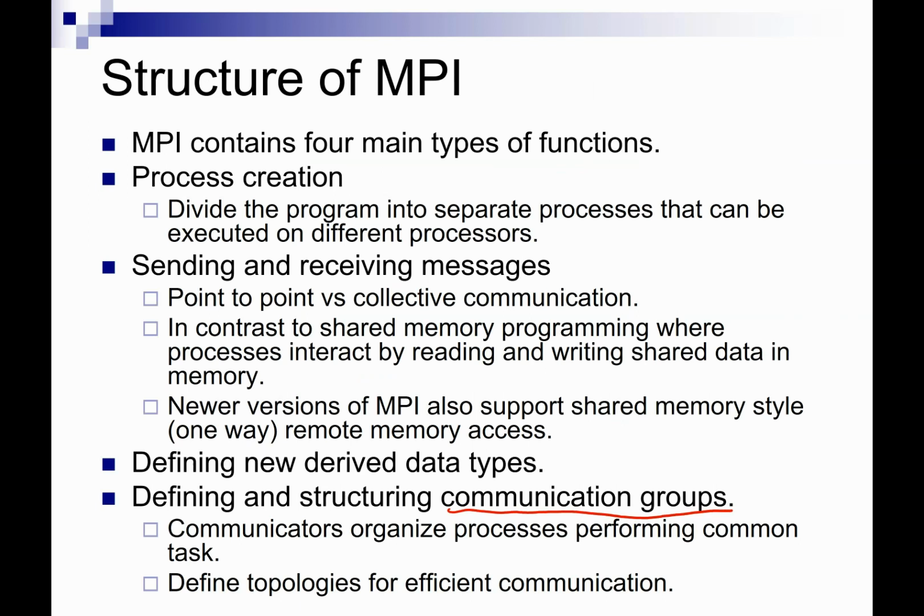Now when MPI starts up, by default, MPI will build you a default communicator, and that's going to consist of all of the processes that you started your MPI program with. So if you start the program with, let's say, 8 processes, then your default communicator is going to have those 8 processes in it.